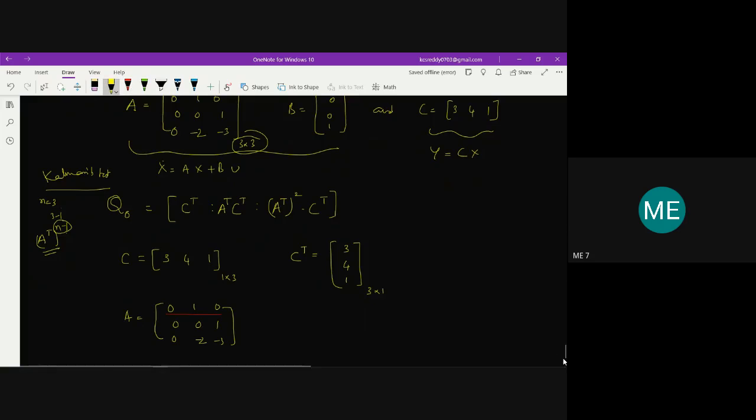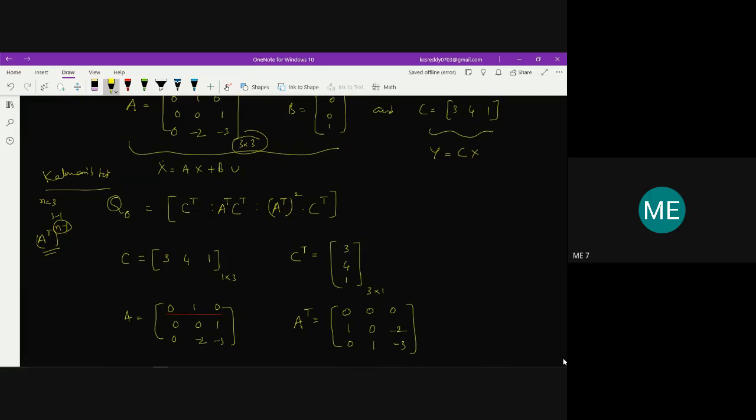So the A transpose is equal to 0, 1, 0. I have written this row as a column. Then the second row as the second column, that is 0, 0, 1. And the third row as the third column, 0, minus 2, minus 3. So this is A transpose.